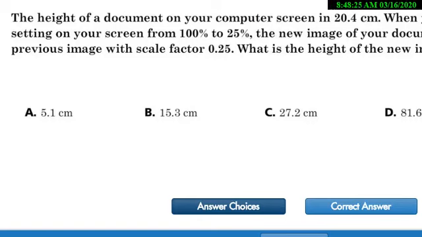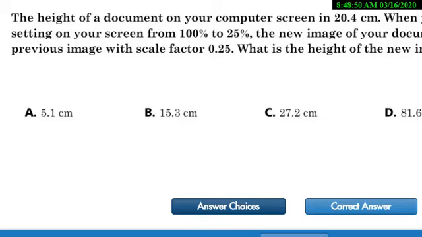I have the scale factor now, which is 0.25. What is the height of the new image? I need to tell you something before we start solving this question. I have some multiple choices here. A is 5.1 centimeters, B is 15.3 centimeters, C is 27.2 centimeters, and D is 81.6 centimeters.